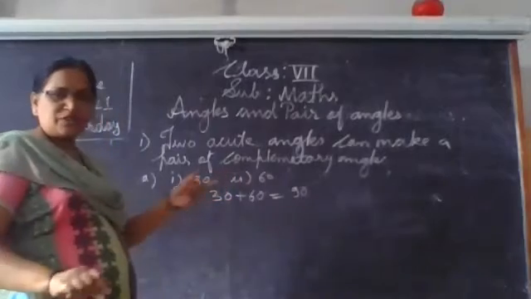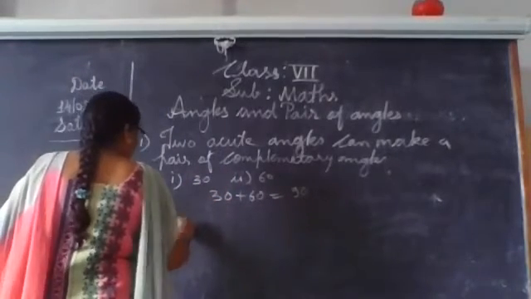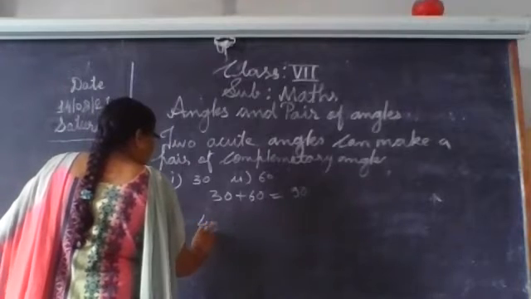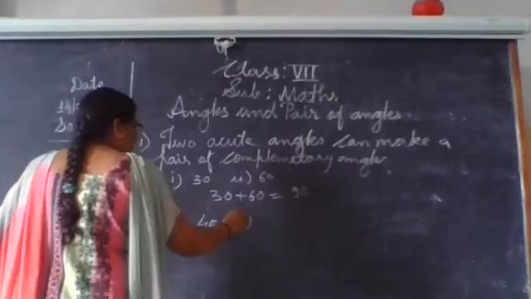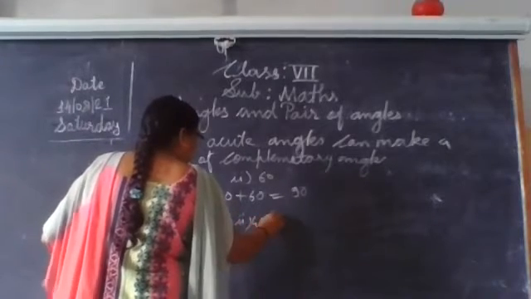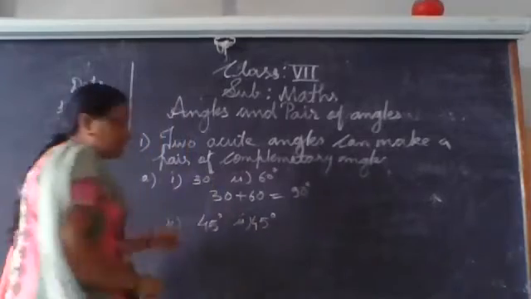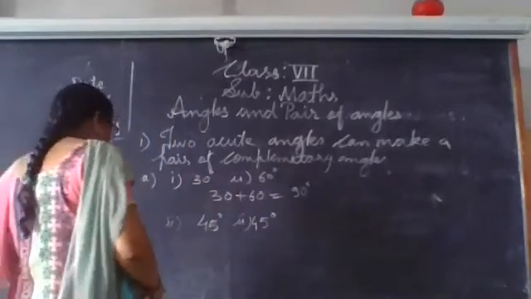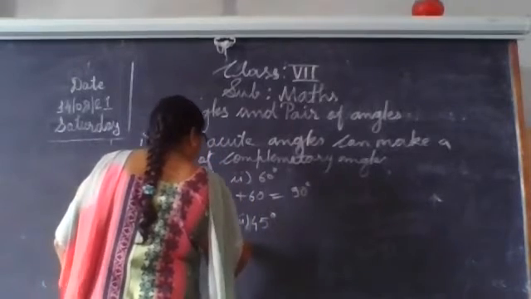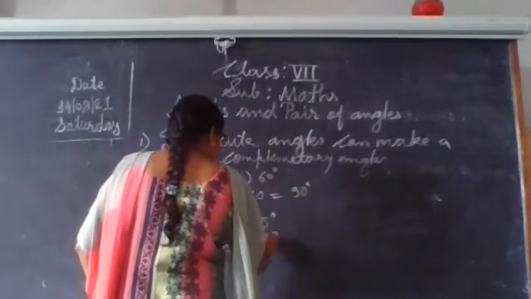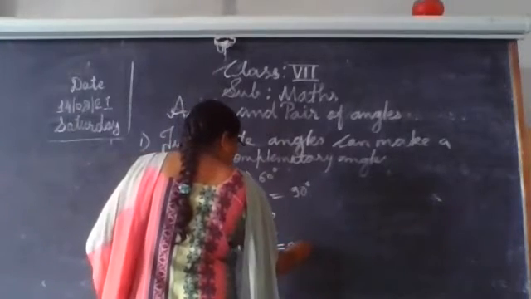Yes, 30 and 60 are both acute angles. Or you can say two angles of 45 degrees, and 45 plus 45 equals 90 degrees.